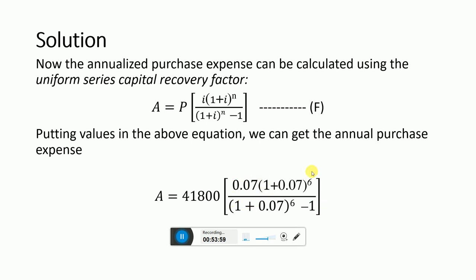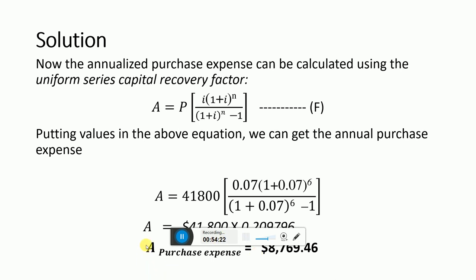So if we simplify all this equation, we can get 0.2097 value, which we can multiply with the 41,800 and get the final value, which is $8,769.